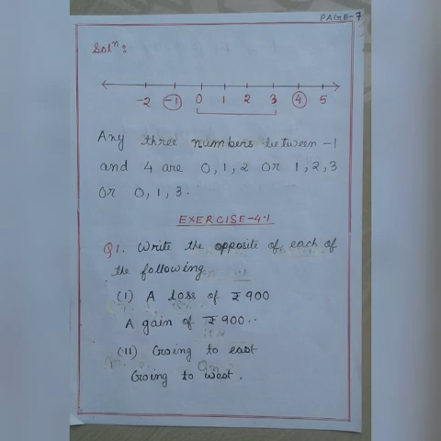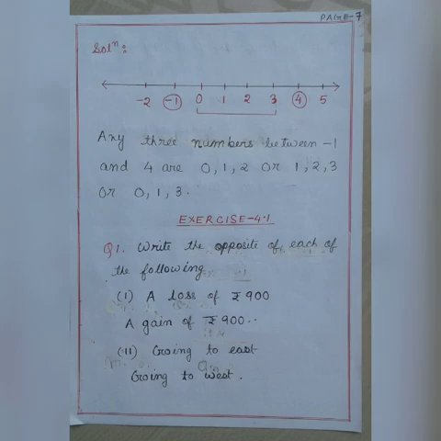Now, I have circled number 4 and number minus 1. I can see that between these two numbers there are 4 numbers, 0, 1, 2, 3. So I have to write any 3 numbers between minus 1 and 4. So you can write 0, 1, 2, or you can write 0, 1, 3. You can write 1, 2, 3, like this.